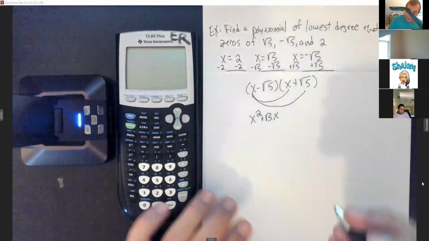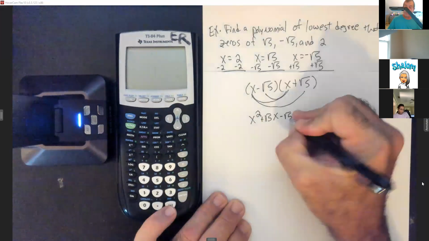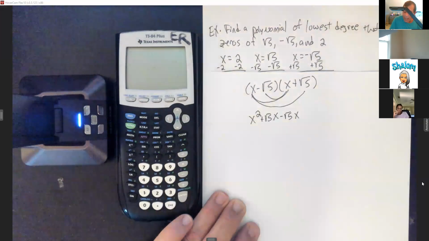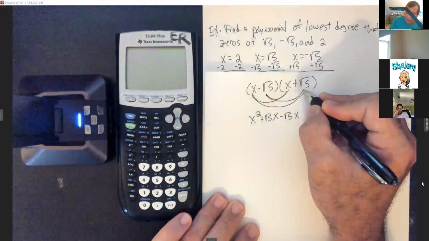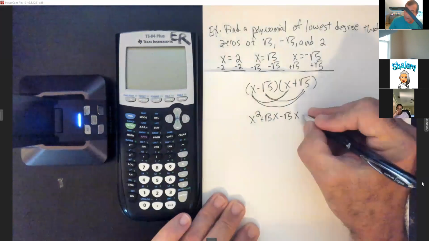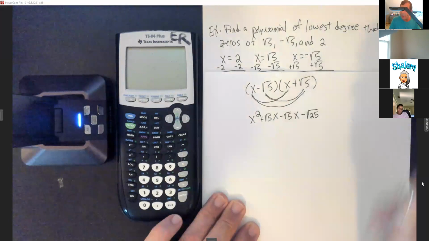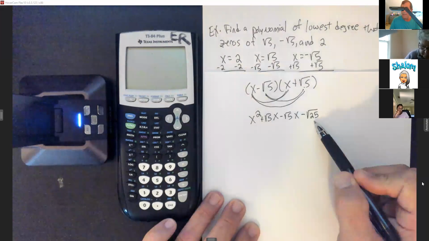All right, negative square root of 5 times x is a negative square root of 5 times x. And then watch this. Negative square root of 5 times a positive square root of 5 is a negative square root of 25. So since these 5s are both under the radical, you multiply to get that to be a 25.